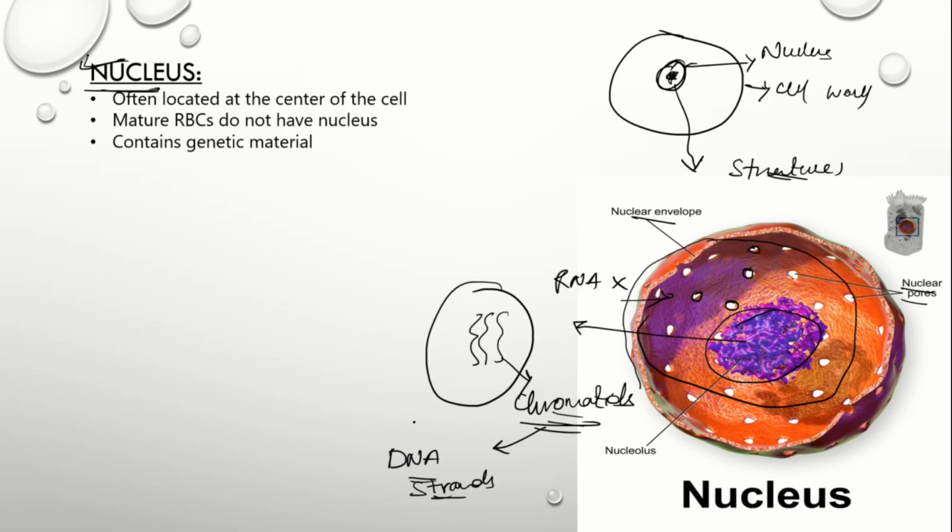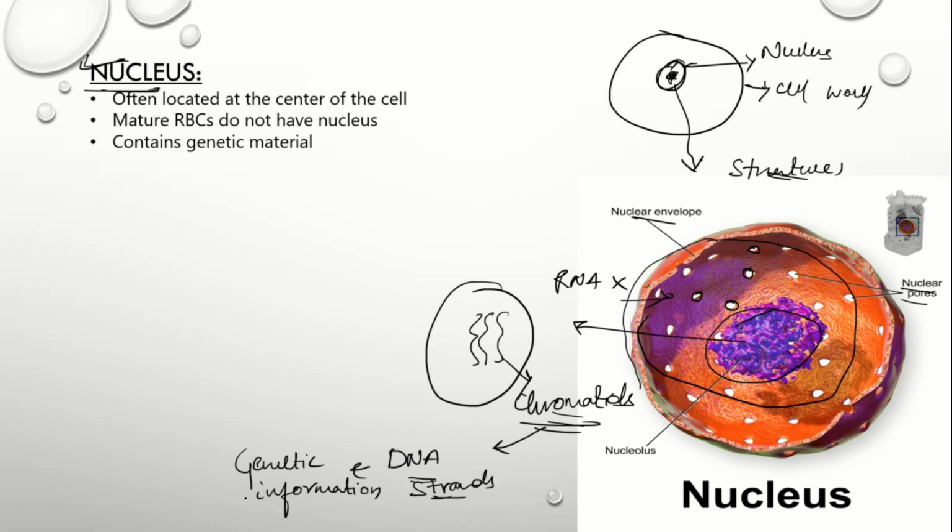Now DNA contains the genetic information. For all living organisms the genetic information is needed for life processes. In humans we have DNA. In some microorganisms there might be RNA.